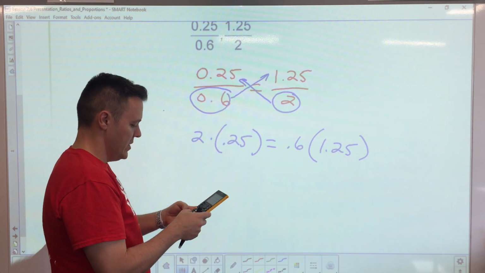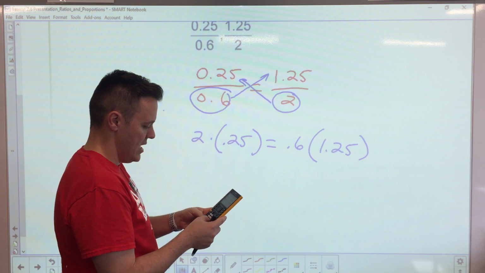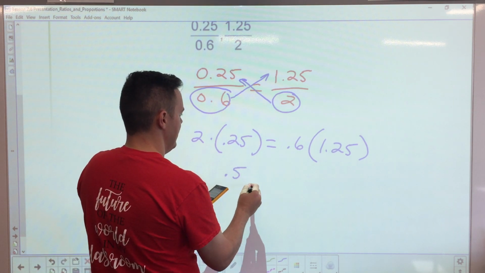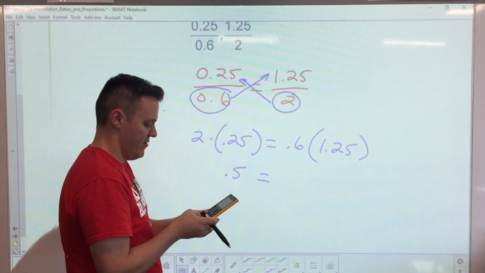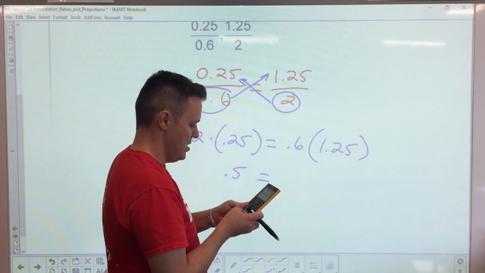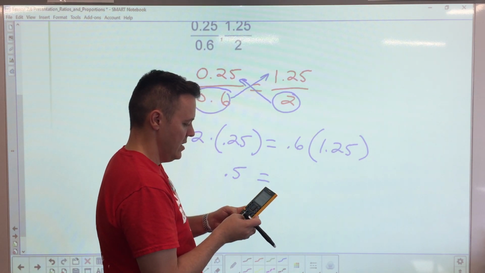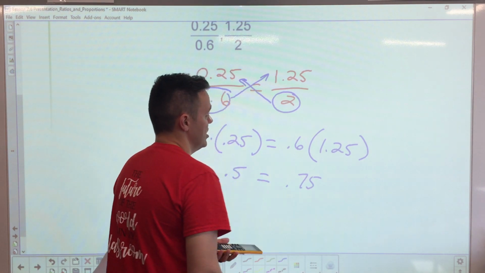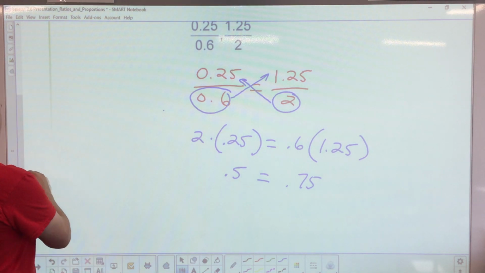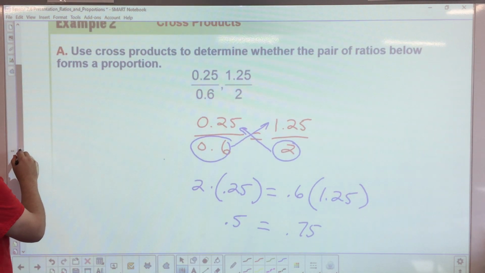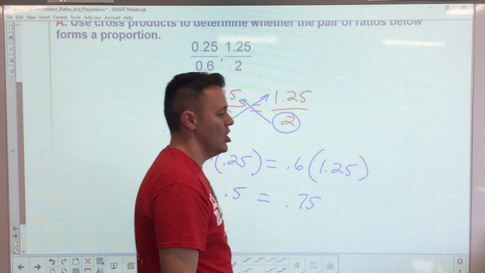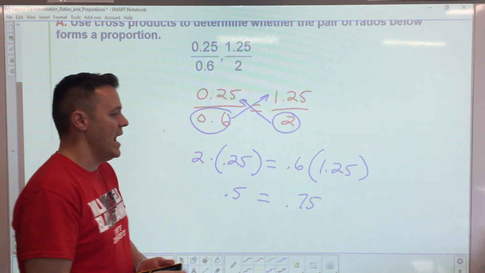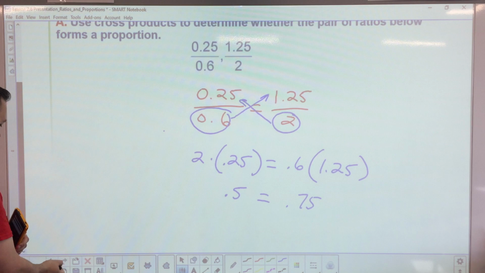So, I have 2 times 0.25, and that equals 0.5. And then I have 0.6 times 1.25, and that equals 0.75. So ladies and gentlemen, is the ratio the same on here? The answer is no, it is not. Since 0.5 and 0.75 do not match, it is not a valid ratio.